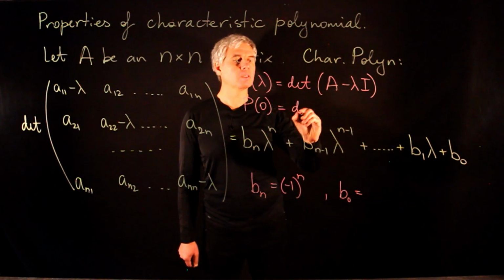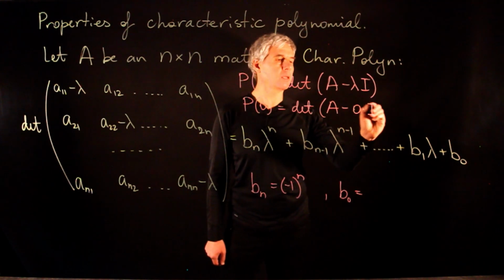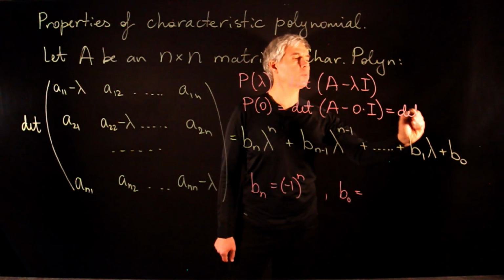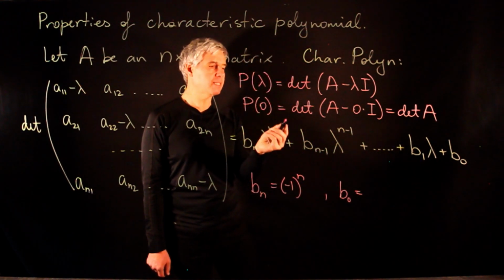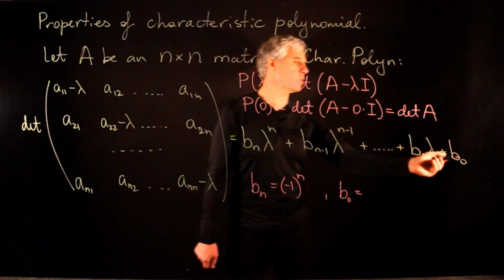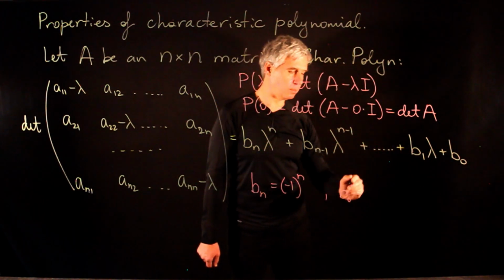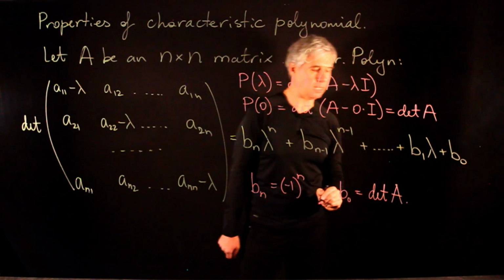This will be the determinant of A minus 0 times I, or simply the determinant of A. But what's the value of a polynomial at 0? The value of a polynomial at lambda equals 0 is the constant term. So this means that b0 is equal to the determinant of the matrix A.